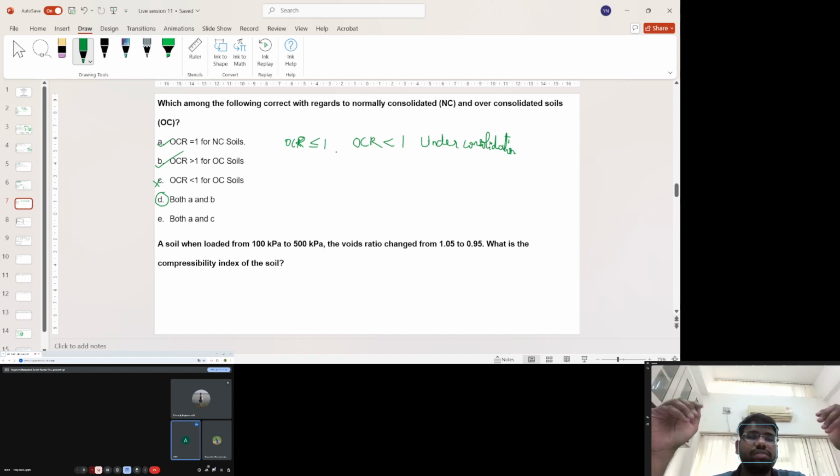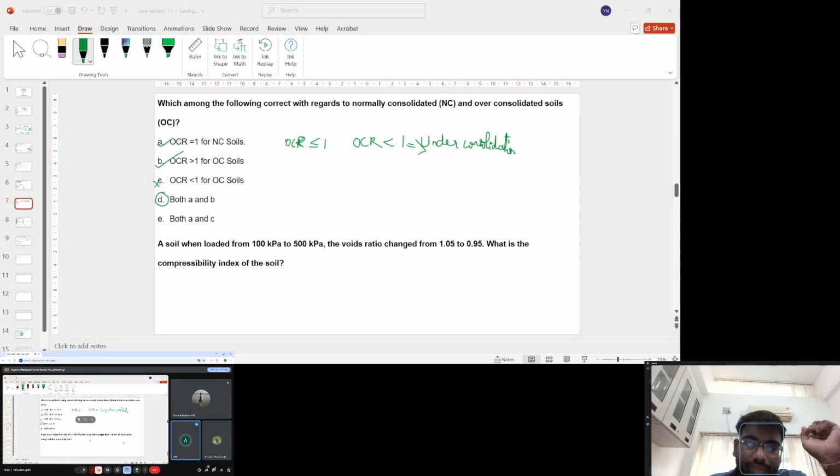That is the only assumption we take. In very rare cases the stresses are equal. That is where this confusion arises. But as far as fundamental definitions are considered, OCR less than 1 is termed under consolidated soil.